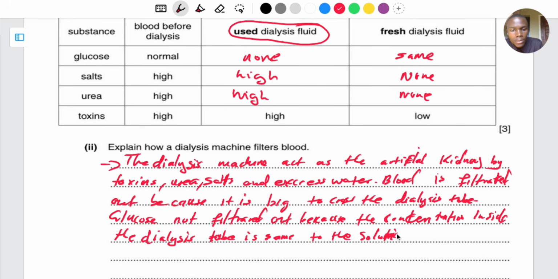So there is no net movement. Then from there now we can say that's the end of this one here.